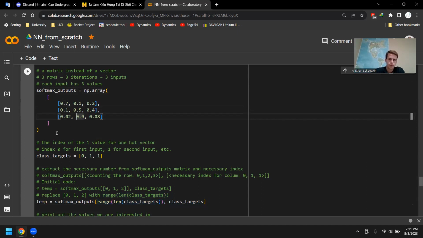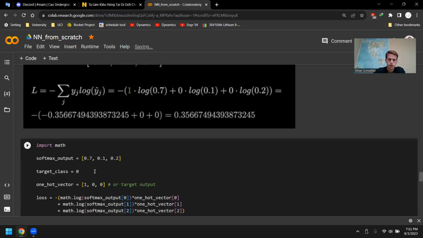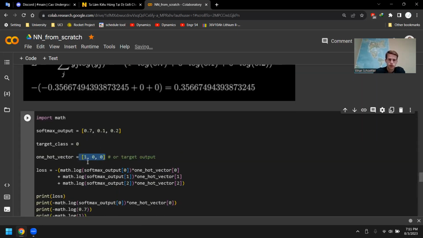Sorry for interrupting, but I'm a bit confused. Is the class targets a mask? It's the one hot vector I put in front here, right? Only one value is one and the rest is zero.